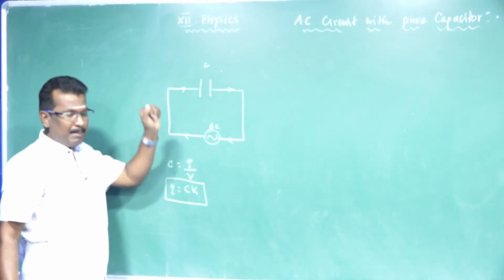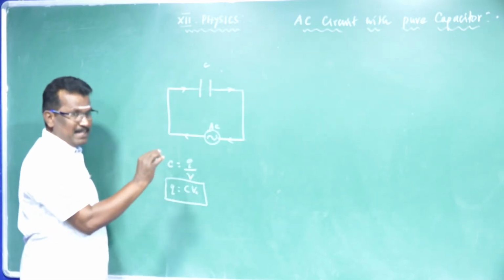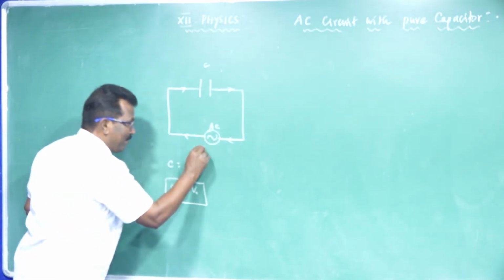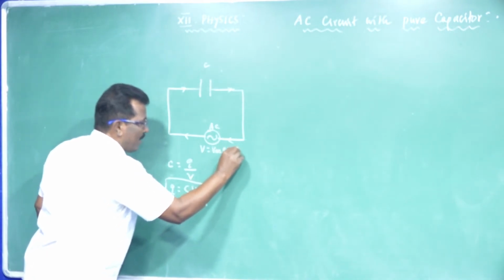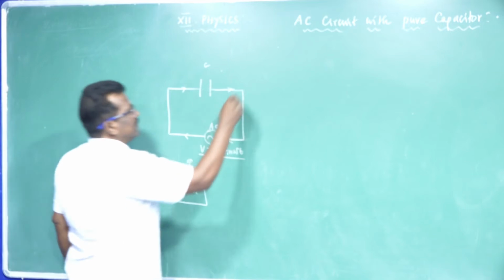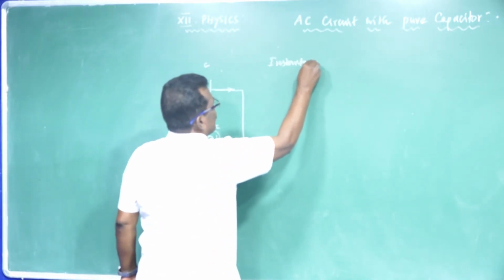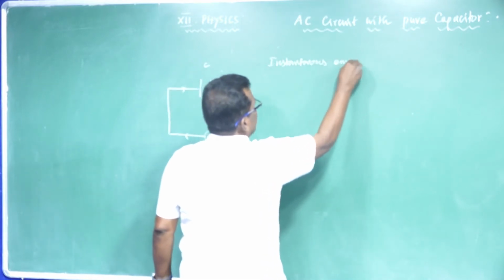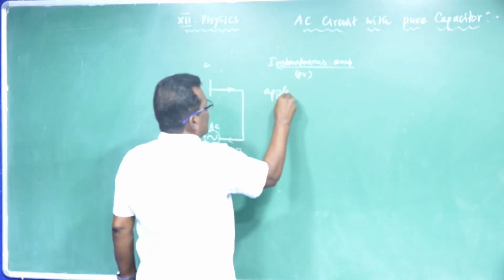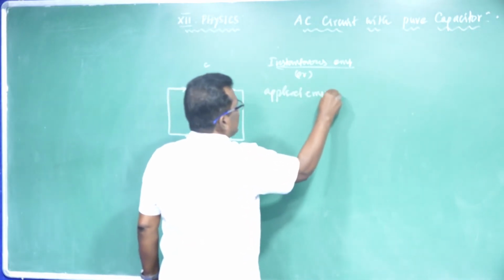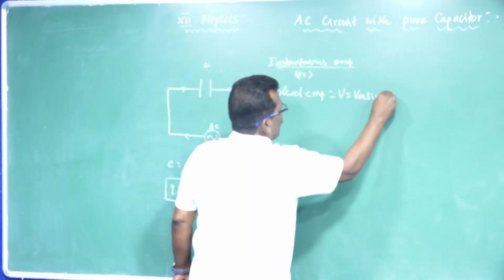So this is the AC connected across a capacitor. The applied EMF, the instantaneous EMF, is V equal to Vm sin omega t.